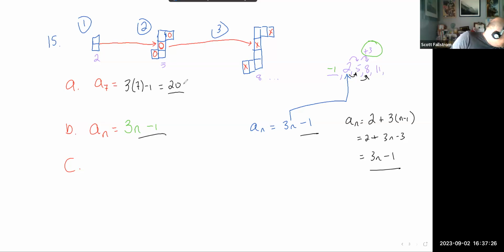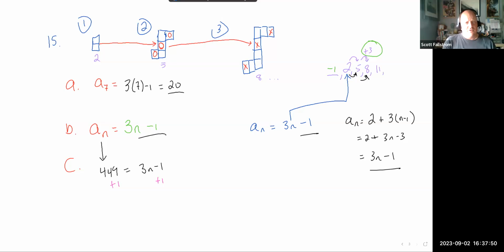And lastly, it says, if there is a figure that has exactly 449 square tiles, which one is it? Okay, so the number of tiles is now 449. So what I would say is 449 is equal to 3n minus 1. And again, I'm not sure about this, but it could be the case. So let's do a little work. Let's add 1 to both sides.